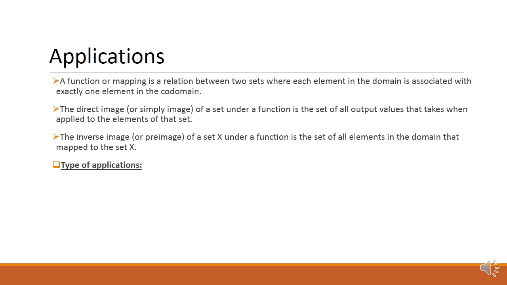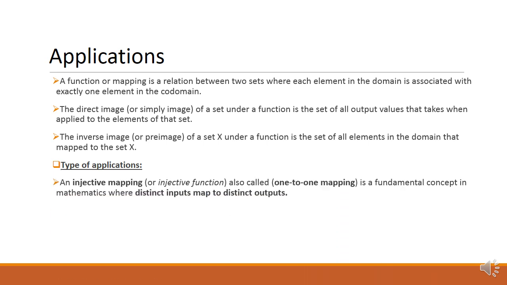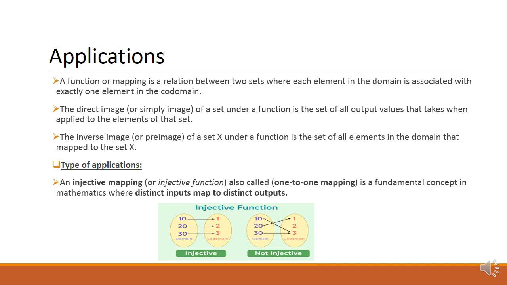Applications between sets can be classified into three main types based on how elements are mapped. The first type is injective application. An application is injective if distinct inputs map to distinct outputs, and this figure explains what I have said.